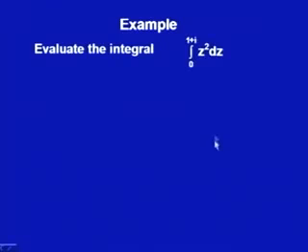Evaluate the integral of z square dz from 0 to 1 plus i. We did this example in the last lecture, along some paths. Here we know that z square is an entire function.